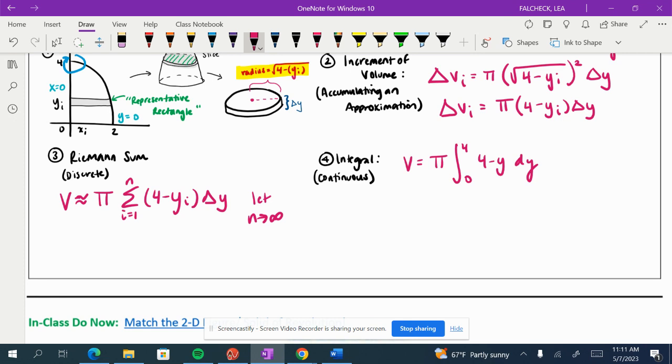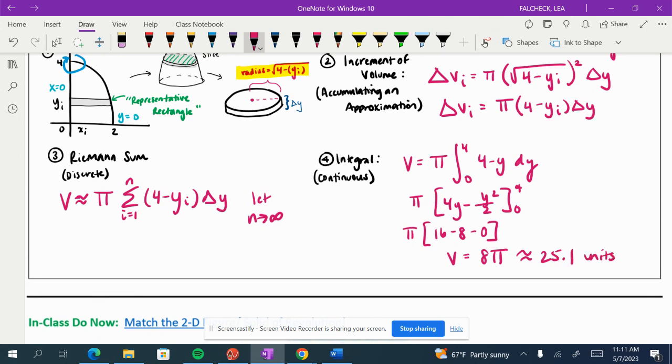We are integrating with respect to y, so we get pi times 4y minus y squared over 2, integrated from 0 to 4. We get pi times 16 minus 8 minus 0. So we get a volume of 8 pi, or 25.1 units cubed.